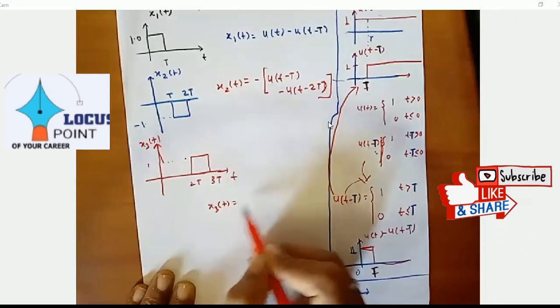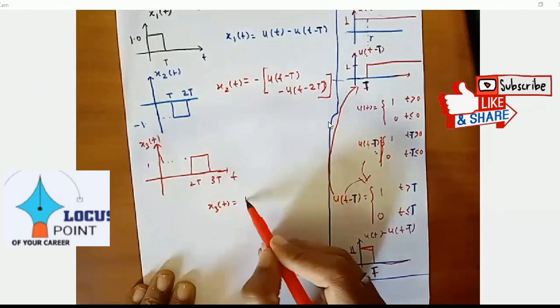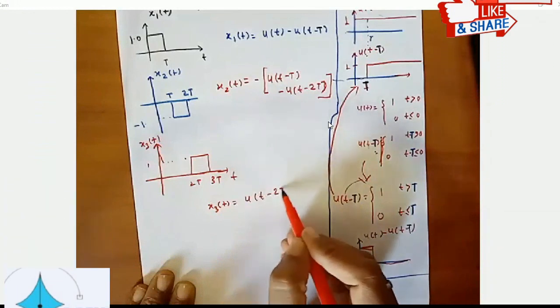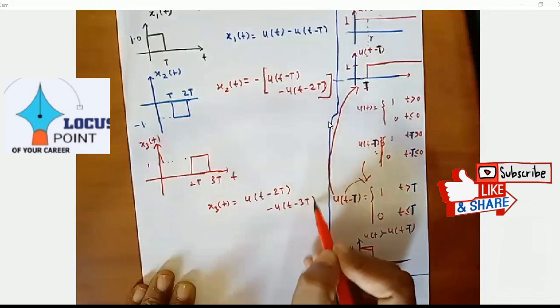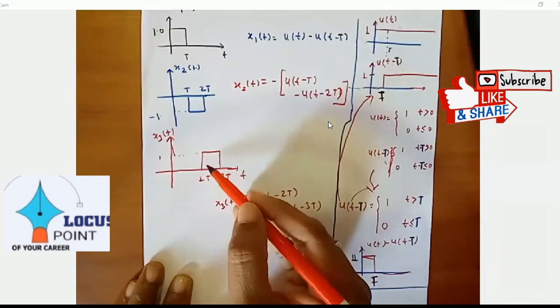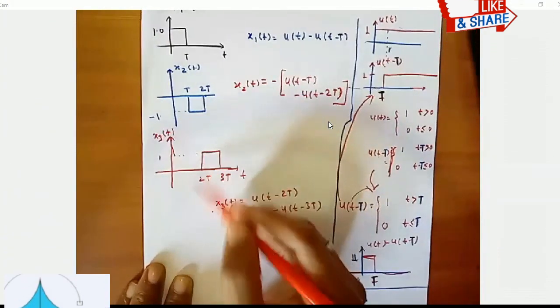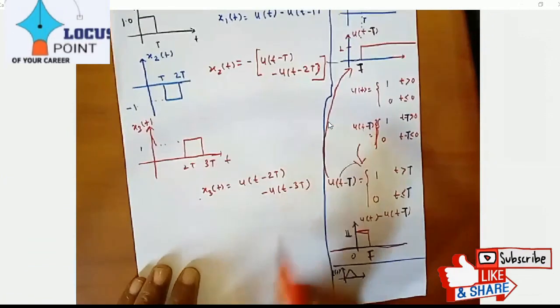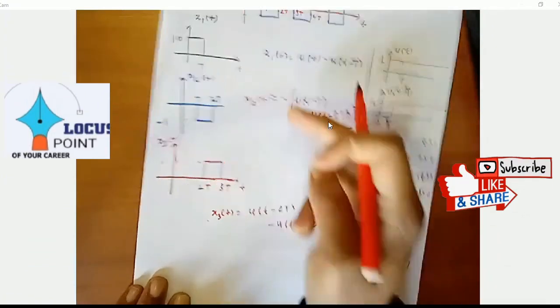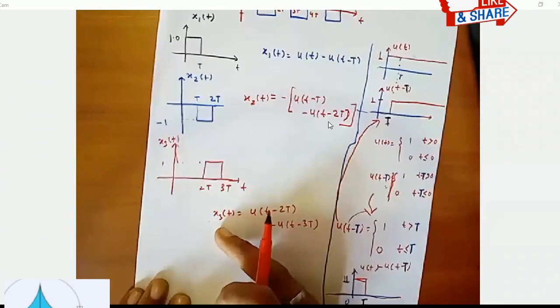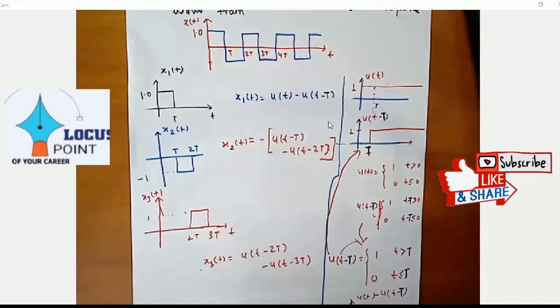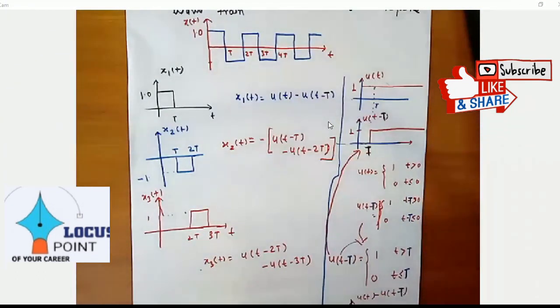So you can write x of 3t as u of t minus 2T minus u of t minus 3T. And if somebody asks you that it will be downward, what is the expression? You will simply multiply by minus. When you add all these things together, it will become like that, which we will discuss in the next class.